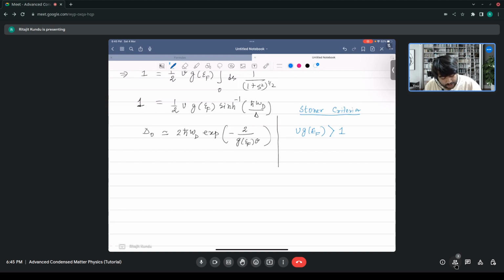This g, the density of states, is approximately 1 by the bandwidth. So one actually says that whenever U is greater than the bandwidth, we get a ferromagnet.